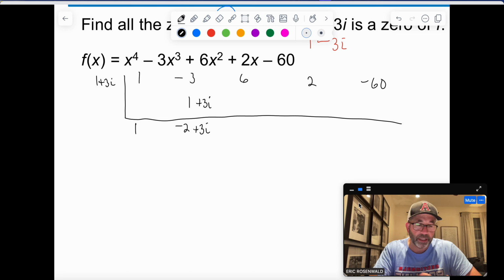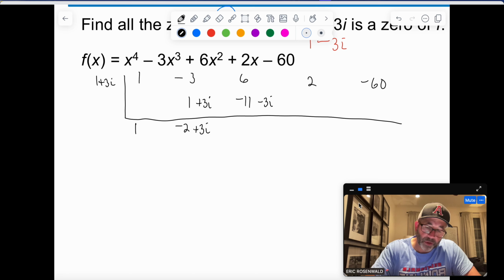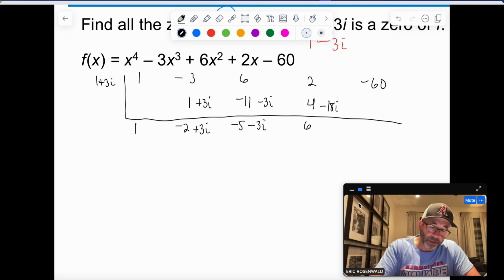You can multiply that out, but that's going to give us a negative 11 minus 3i, which will give me a negative 5 minus 3i. And then we're going to have 1 plus 3i times negative 5 minus 3i, which will give me a 4 minus 18i, which will give me a 6 minus 18i.